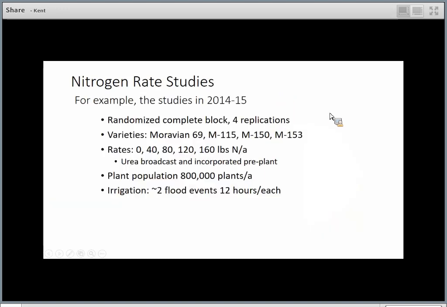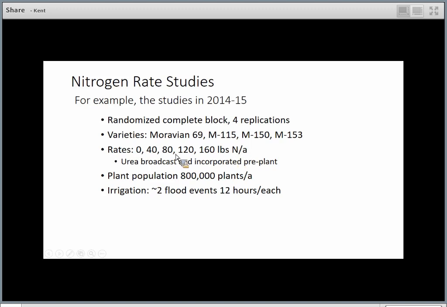So we've done a study here that I've done several years in a row for Miller Coors, looking at optimum nitrogen rates. It's a randomized complete block with 4 replications, with different varieties over the years: Moravian 69, 115, and this 150 is the Bill Coors 100 that they released or gave a name, M153.